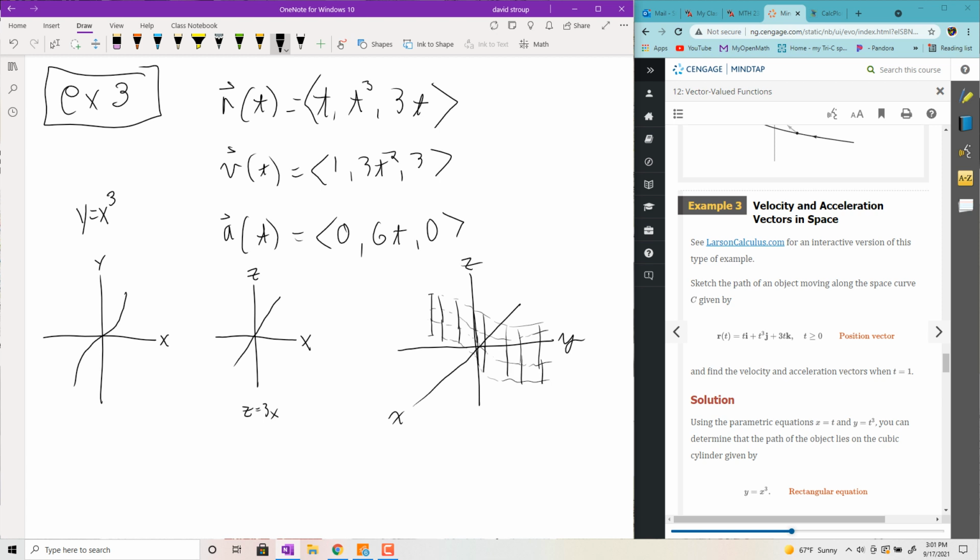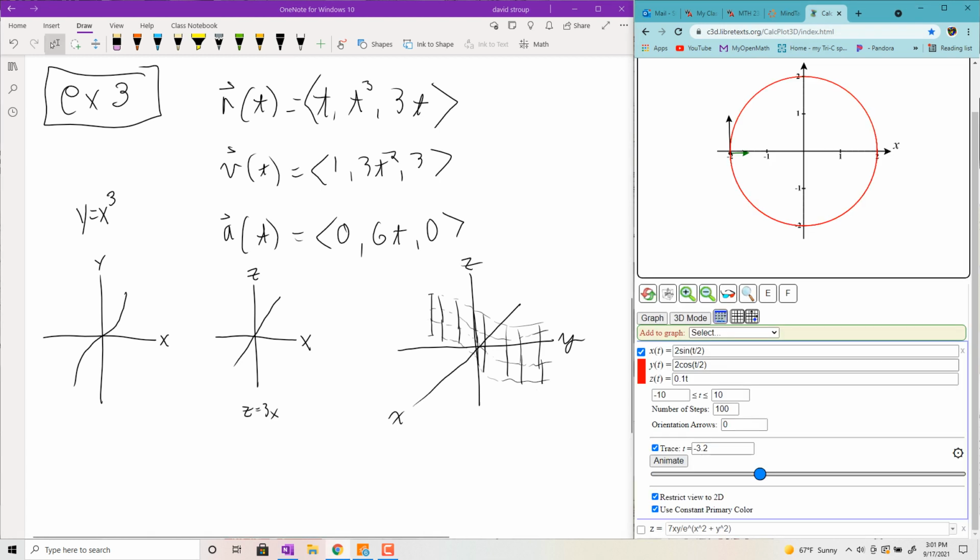So z equals 3x. So in this plane, z equals 3x, that's going like this, and then it's cutting through. So I'm not even sure. But never fear. You can always go to CalcPlot3D if you're worried about that representation.